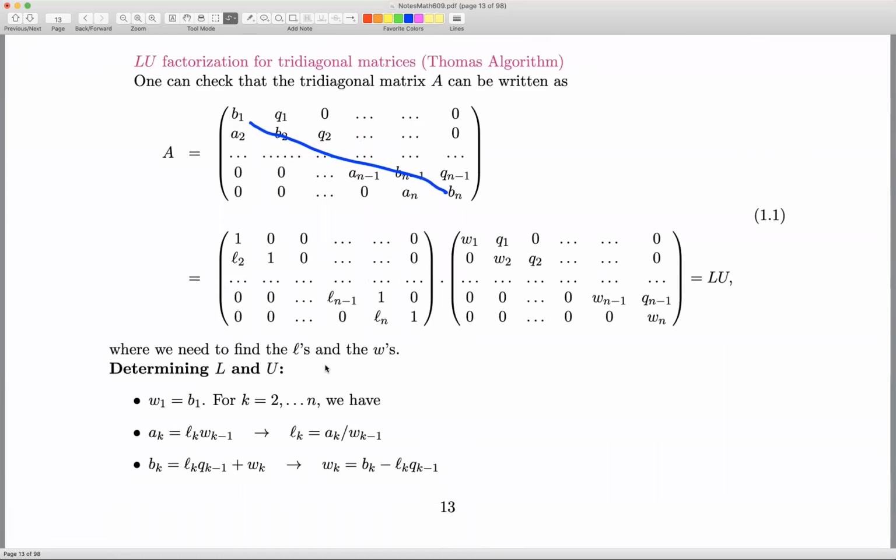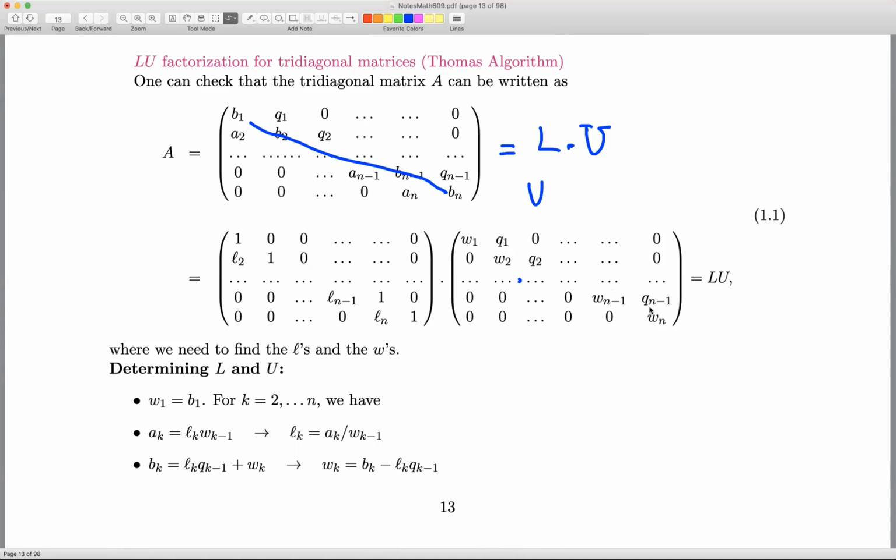So one can check, because of the bandwidth of this matrix, that if we write down the LU factorization of the matrix A, this is a product of the unit lower triangular matrix L and the upper triangular matrix U. But as we observed, the LU factorization keeps the bandwidth. So we will have a matrix U that is upper triangular, but the bandwidth will be 3.